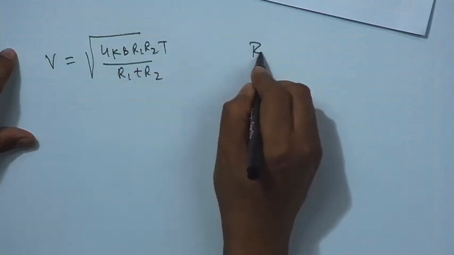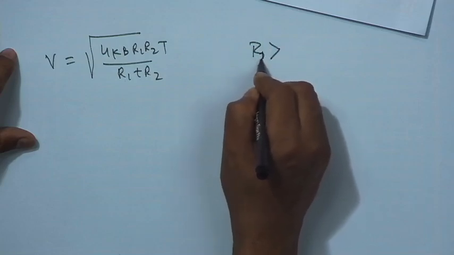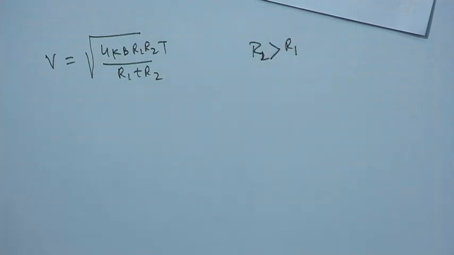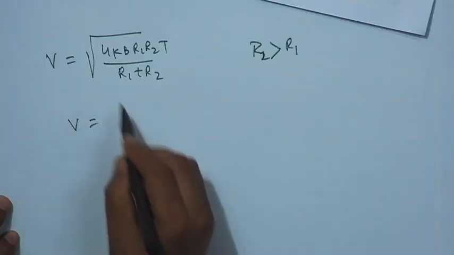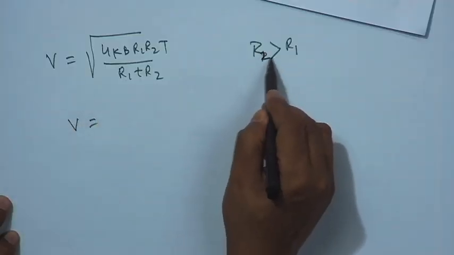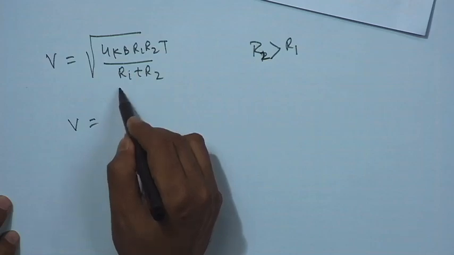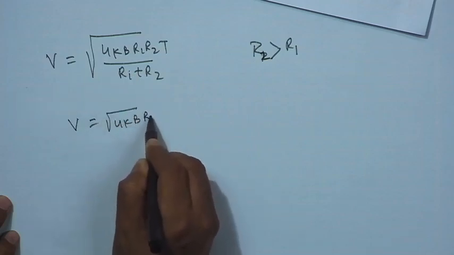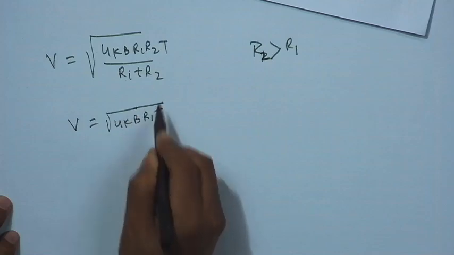If R2 is much greater than R1, what is the meaning? The input impedance of the preamplifier is much greater than the output impedance of the microphone. Then, since R2 is much greater than R1, this R2 can be cancelled. So it is root over of 4kB R1 into T.